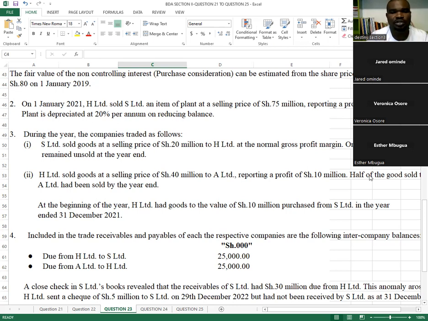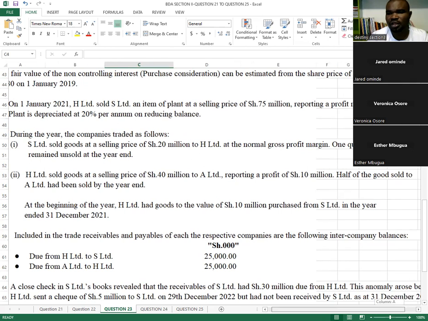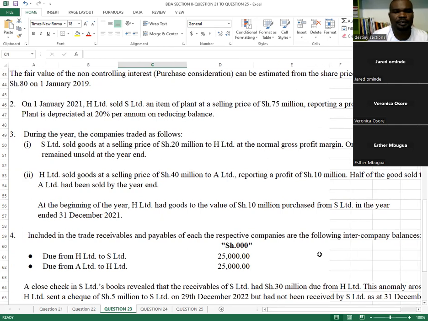Half of the goods sold to A Limited had been sold by the year end. At the beginning of the year, H Limited had goods to the value of 10 million purchased from S in the year ended 31st December 2021.